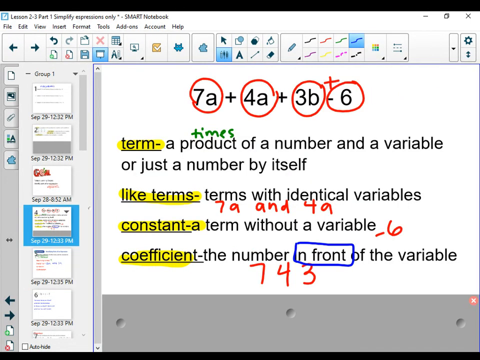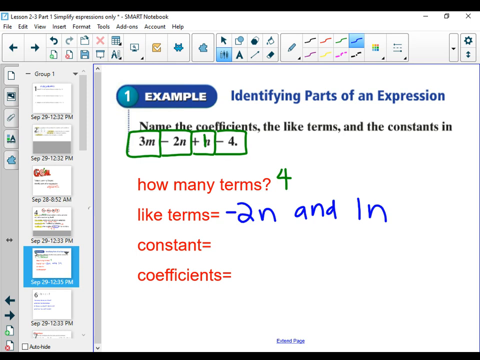Always look back. A constant is a term without a variable. Which one does not have a variable? 3m has a variable. Negative 2n has a variable. 1n has a variable. Negative 4 has no variable.